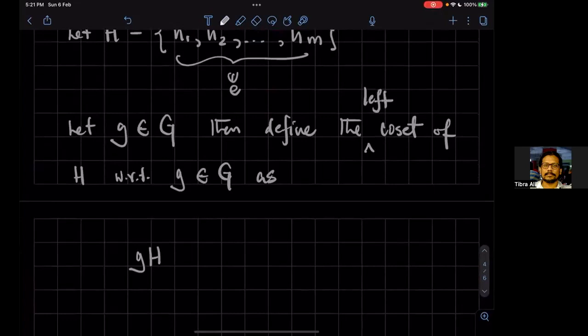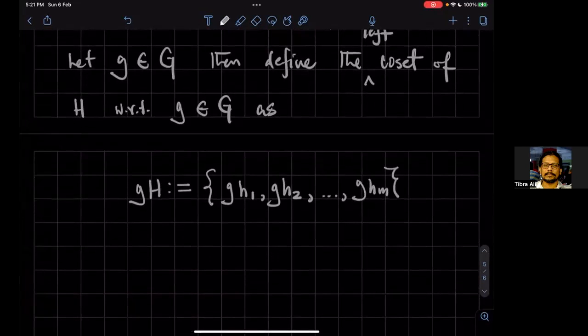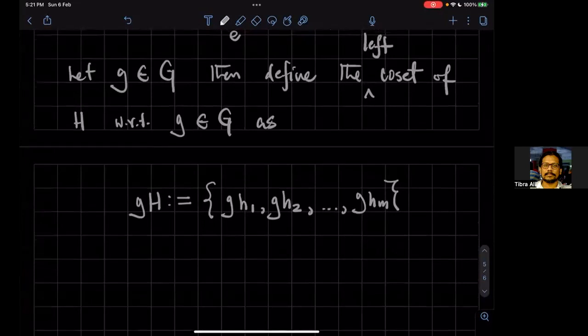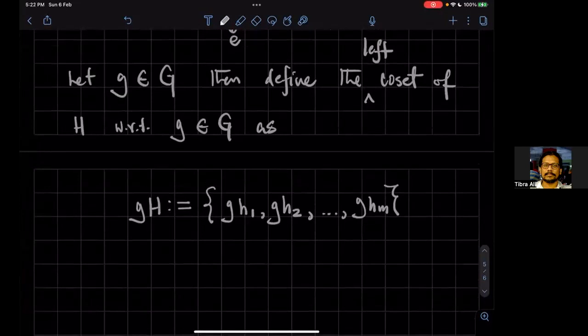I sometimes get those things confused, but it doesn't matter very much. So the left coset is the set which consists of that element g multiplying all the elements of H. This is called the left coset.